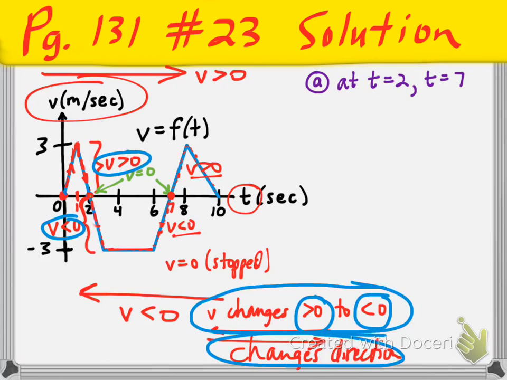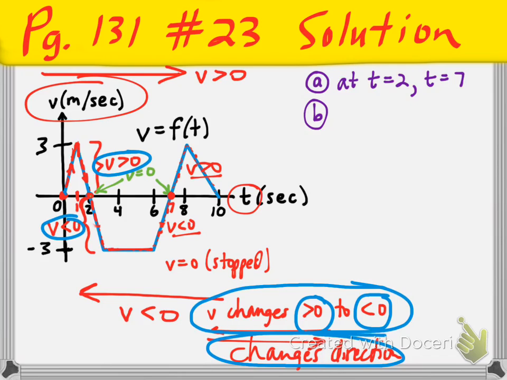Okay, and then for part B, it asks, approximately when is the particle moving at a constant speed? Well, remember, speed is the absolute value of the velocity. You can see when speed is changing, and you can see when the speed is staying the same.